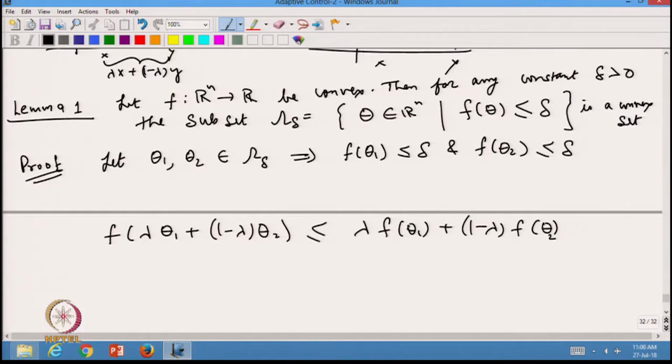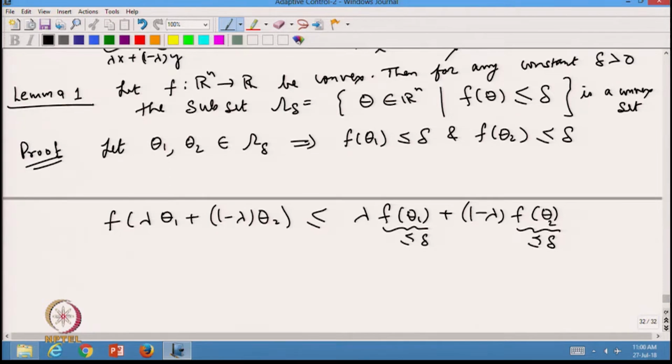So, we know that this is true, and then we use here the fact that f of theta 1 is less than equal to delta and f of theta 2 is also less than equal to delta, because theta 1 and theta 2 are points in the set omega delta. So, then we can further upper bound this by lambda delta plus 1 minus lambda delta, and we simplify this, and the lambda delta terms cancel and we are left with delta.